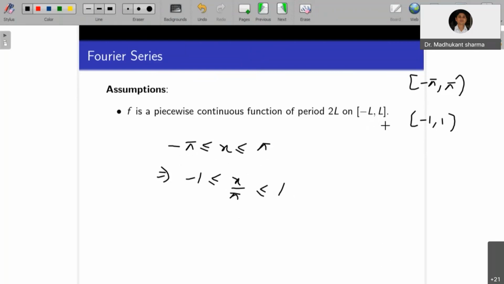What you want is over the interval minus L to L. So you multiply by L, because L is again a non-zero and positive quantity, since it is a period.